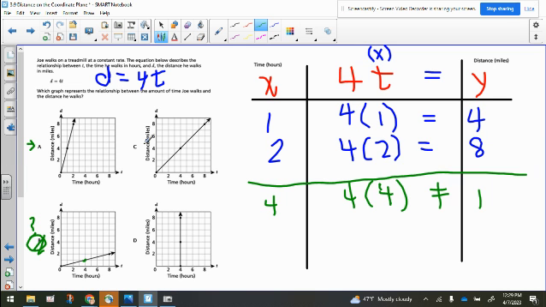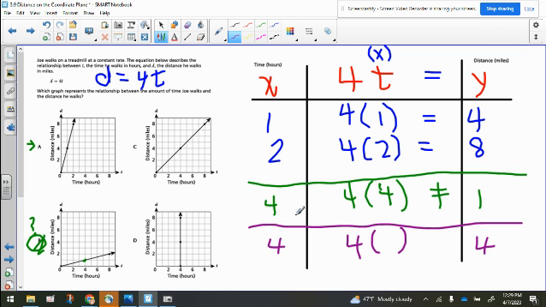Then let's look at choice C. How about we do that in a different color? This ordered pair right here is 4, 4. Again, if we try this function of 4 and substitute in the value for the time, which is the x, 4 times 4 does not equal 4. So that can't be right. This is a no because of that. And then, of course, you'd want to look at this one.